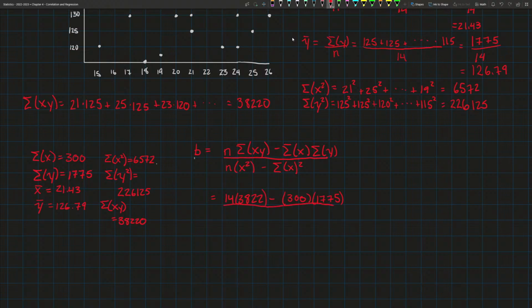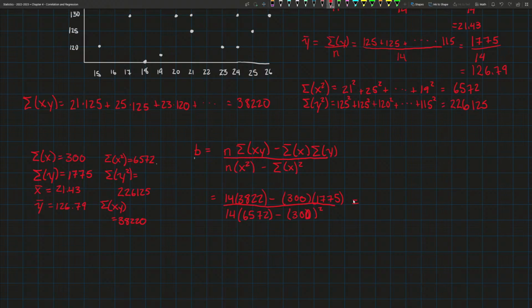All divided by n, which is 14, times the sum of x squared, which is 6572, minus the sum of x and then squared, which is 300 squared. Okay, so we have now our equation. Now we just got to type this into a calculator and get our slope.